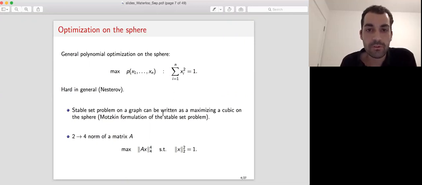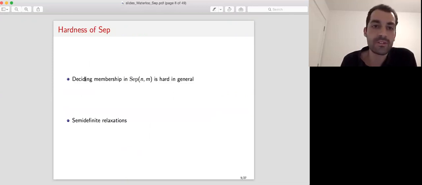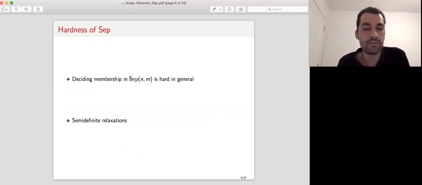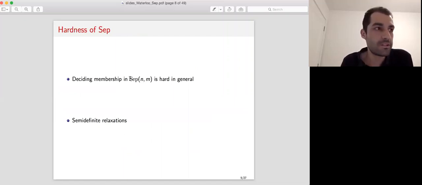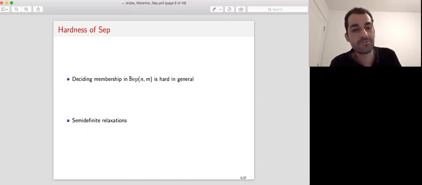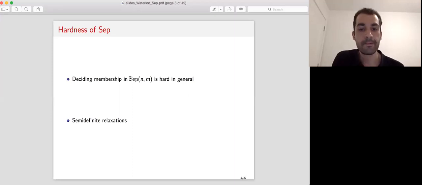Because of the NP-hardness of polynomial optimization, it's not surprising that deciding membership in this convex set, the set of separable or non-entangled states, is hard in general. Deciding membership is NP-hard, optimizing a linear function, and so on. These are all hard. And so the way out is really to try to find a relaxation or an approximation of this convex set that is tractable.